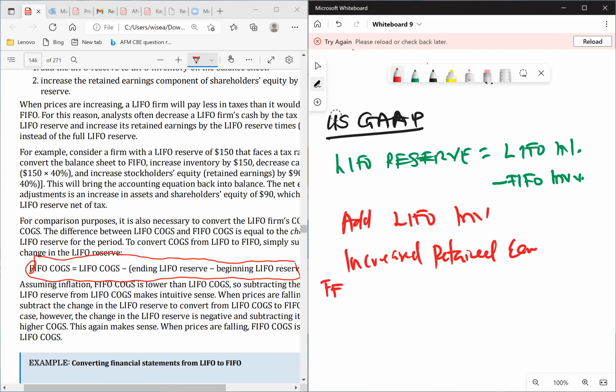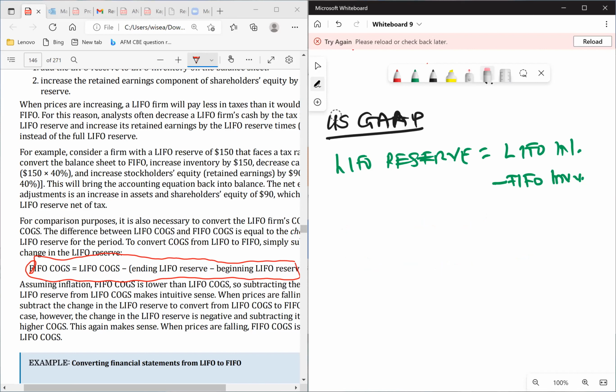You want to compare a company that reports under US GAAP with a company that reports under IFRS. The company under IFRS is not allowed to use LIFO. The company under US GAAP is allowed to use LIFO, so their cost of goods sold will be valued at the latest prices, because last in, first out. Whatever came in last will be the first to be sold.